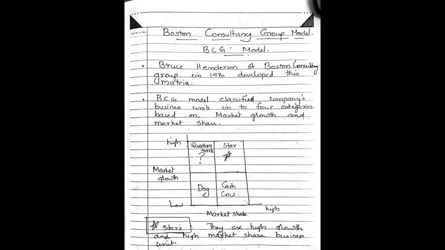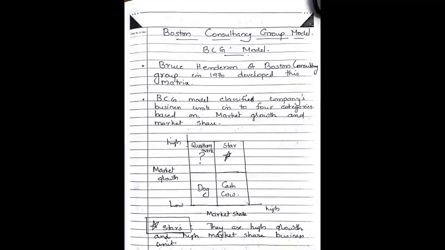I request all of you to take the Google Classroom note and see that graph, the BCG matrix or BCG model graph. In the graph, the x-axis shows market share of that product and the y-axis shows market growth of that product.